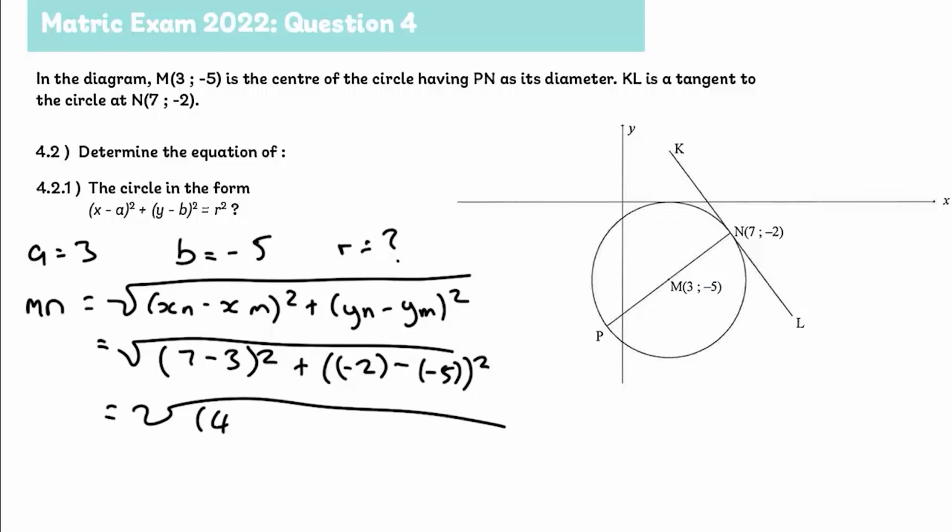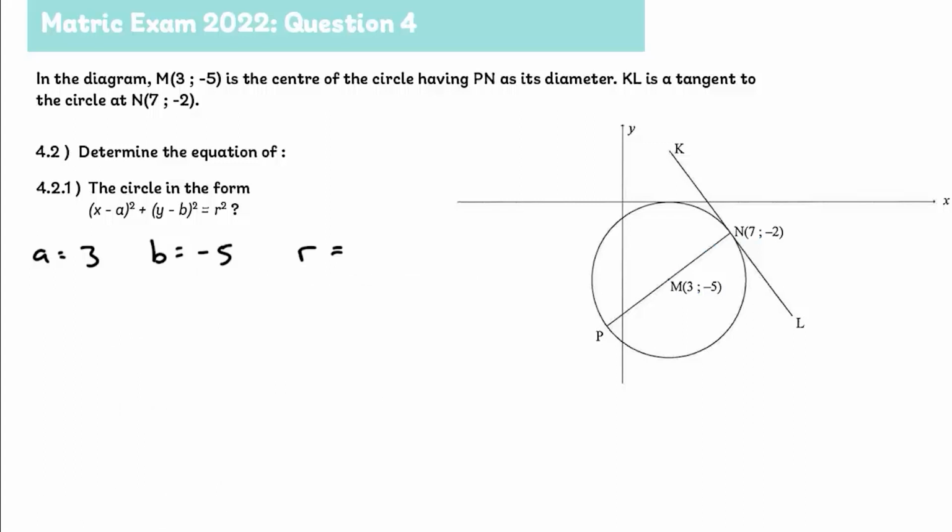That'll come to 4 squared plus 3 squared, and that'll equal 25. Therefore, MN is equal to 5, which is equal to r. So we know that r is now equal to 5.